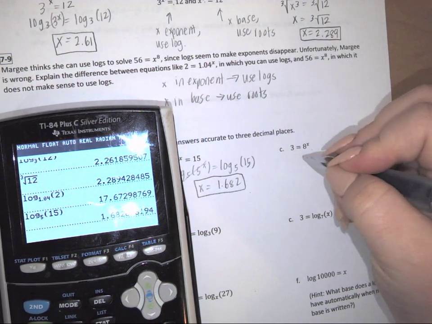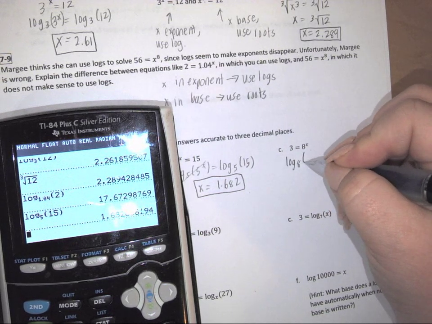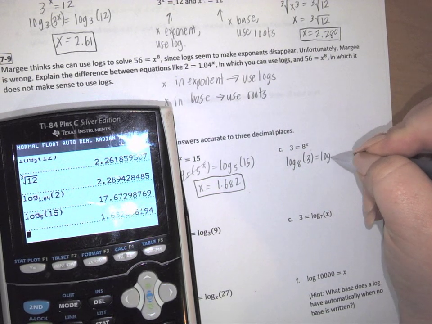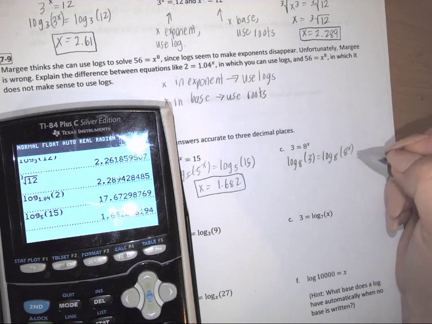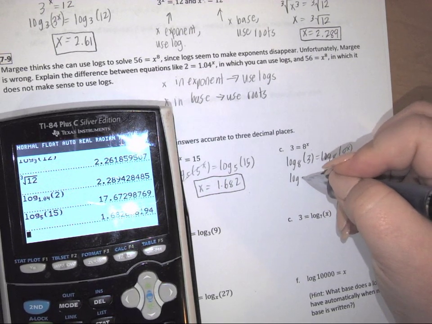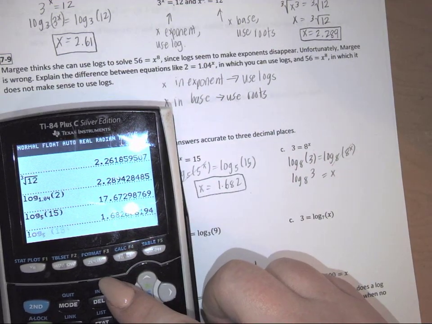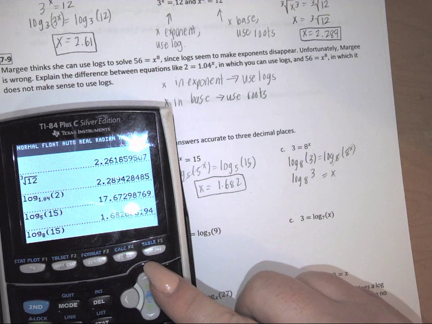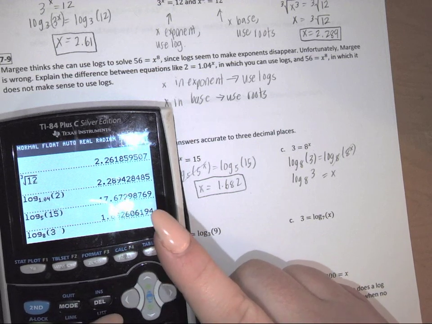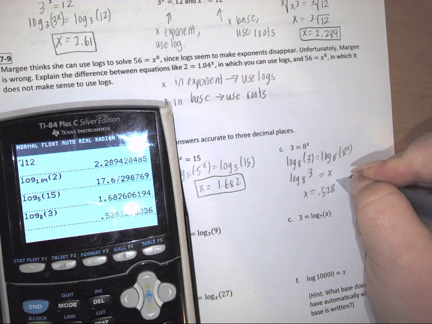And this one, the base is 8, so you log base 8 of both sides. Those cancel, you get x. And then do log base 8 of 3, you get x equals 0.528.